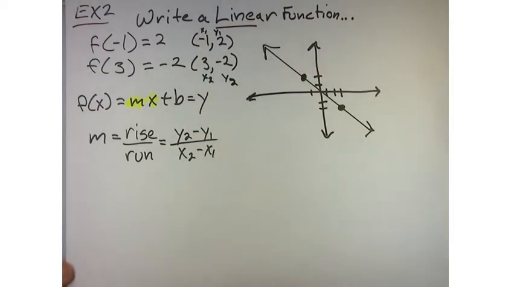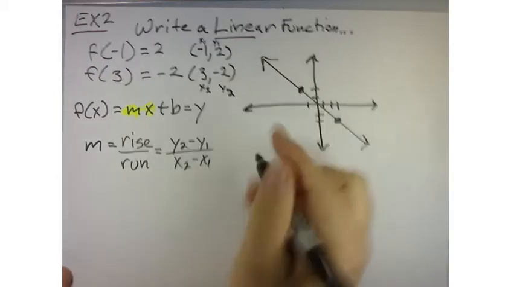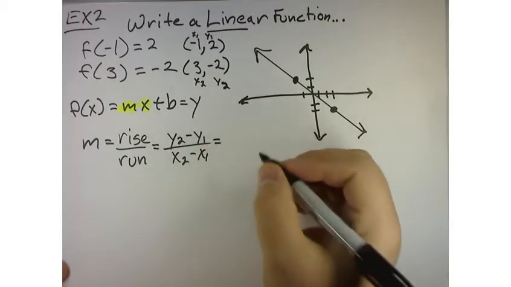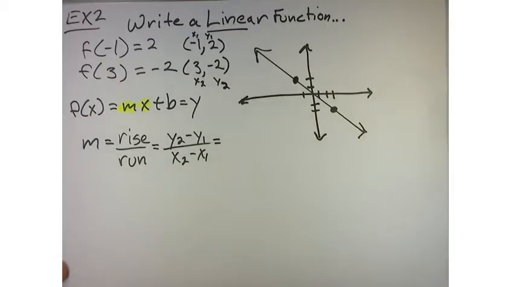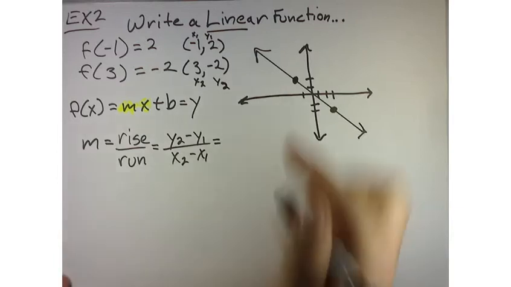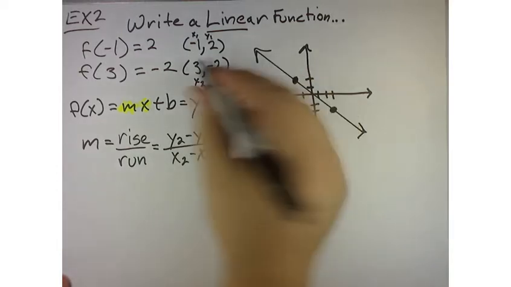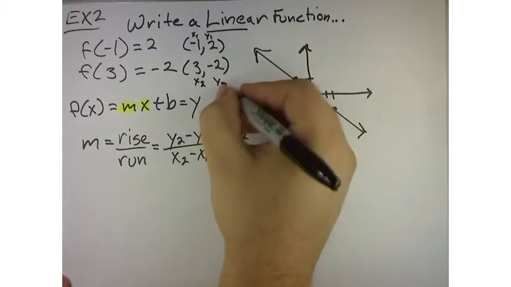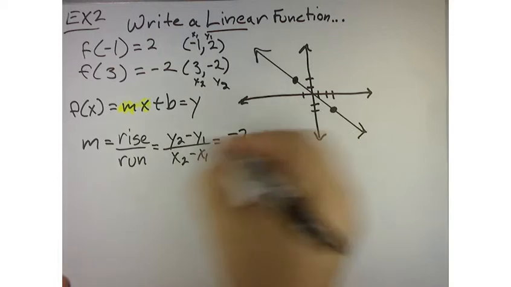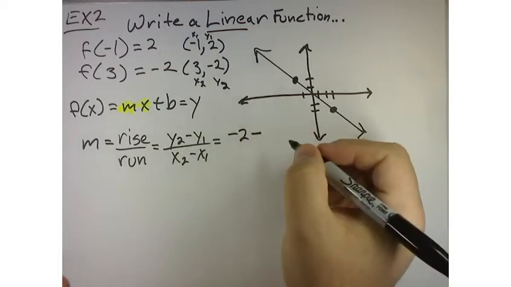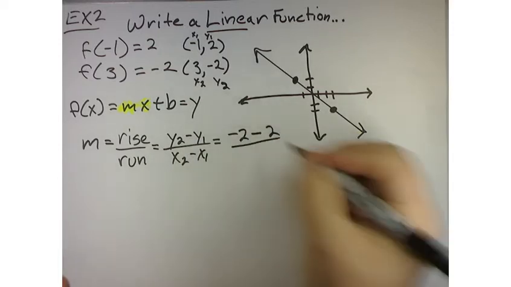Now, Mr. Adams is a brilliant mathematician, but sometimes I get the x's and y's confused, right? Have you guys ever done it? Probably you don't do that, but Mr. Adams does it all the time. So I always label them first, because I know that y sub 2 is equal to -2, then the formula gives me a minus sign. Then I'm going to plug in y sub 1, which is 2.